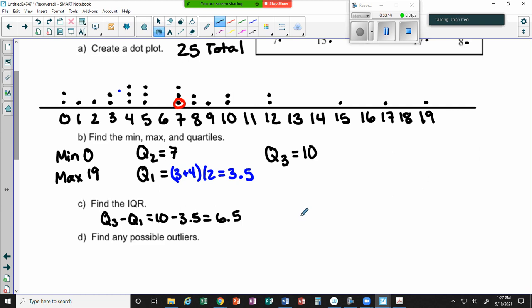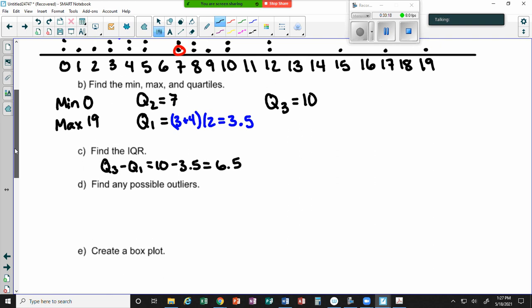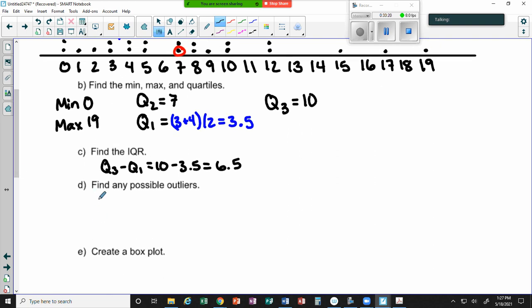So to find outliers, what do I need to do? You're going to do 1.5 times the IQR, and then you're going to take Q1 minus the 1.5 times the IQR. This is going to tell us our lower limit.